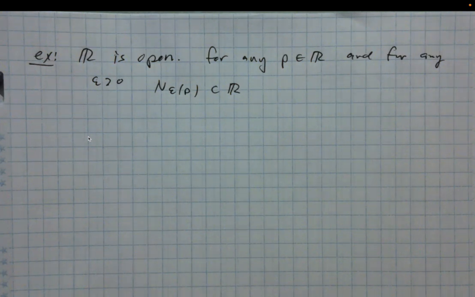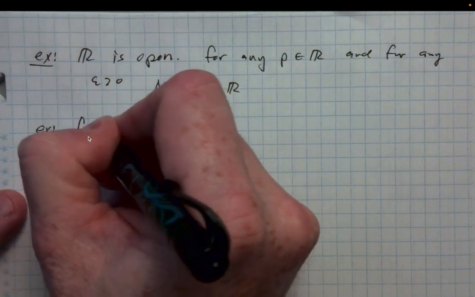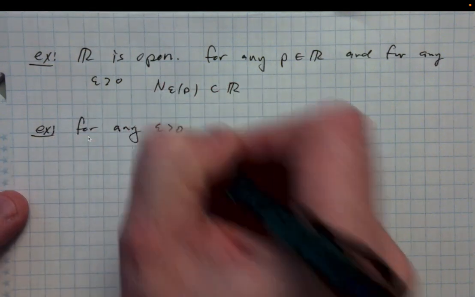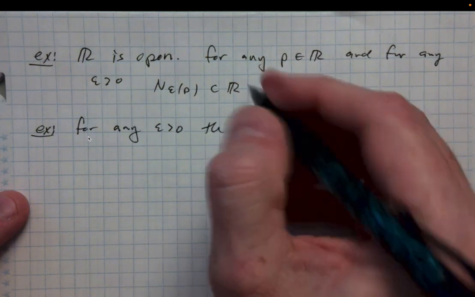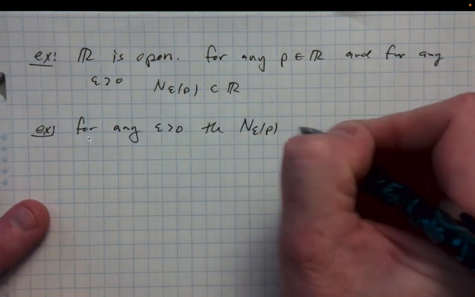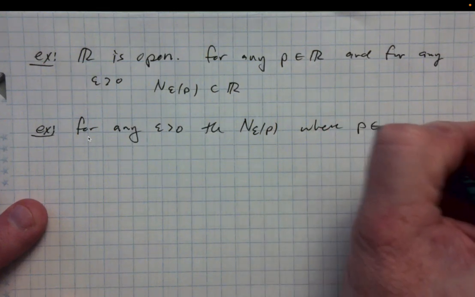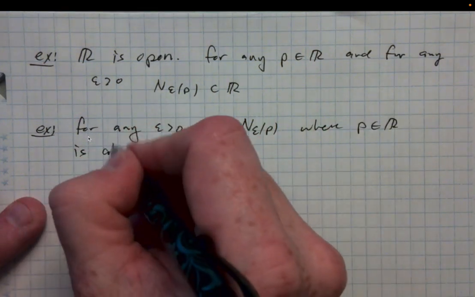Here's another example. For any epsilon greater than 0, the epsilon neighborhood of P, where P is just any real number, is also an open set.